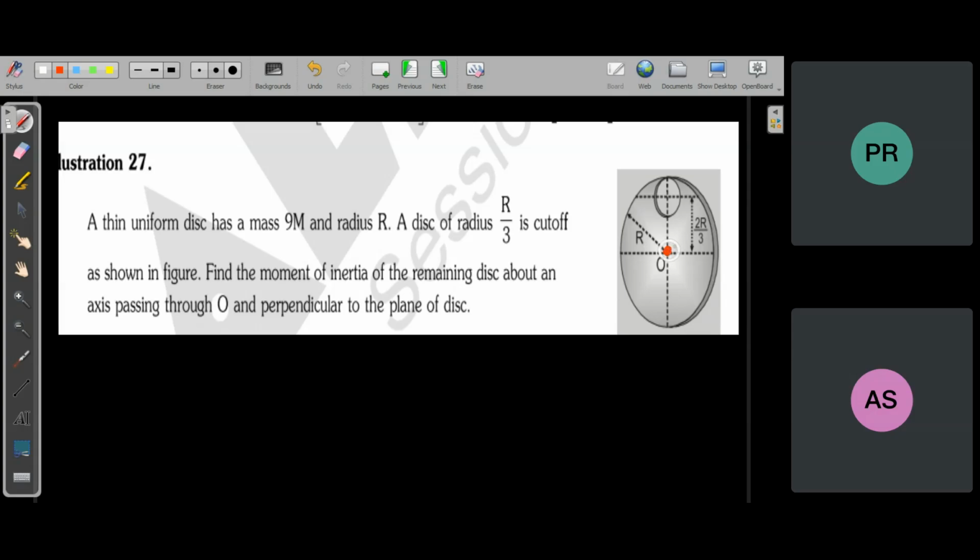About this point, you find the moment of inertia of the whole disk, and then subtract the moment of inertia of this part of the disk because this part has been cut and removed. So you must try this question.